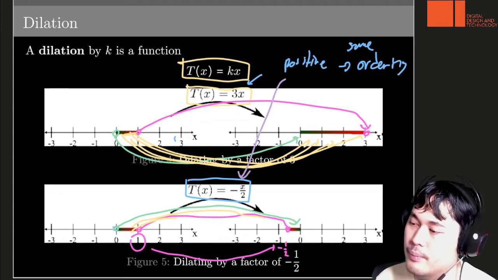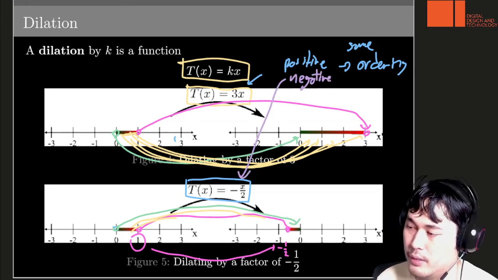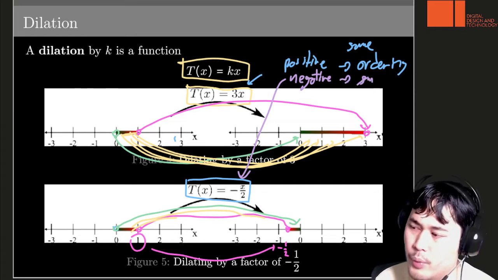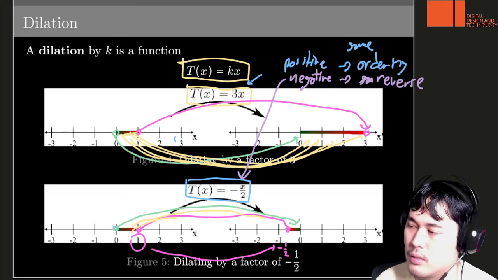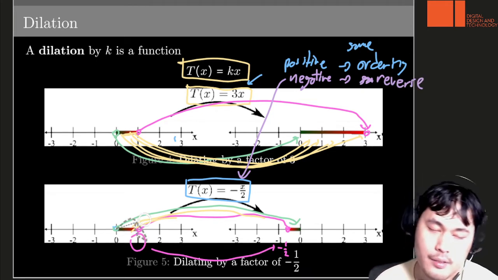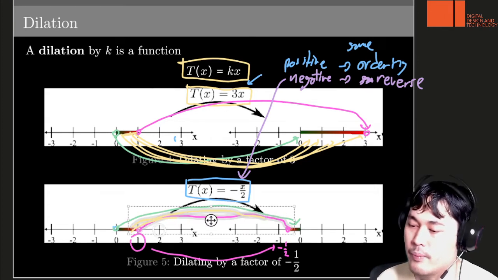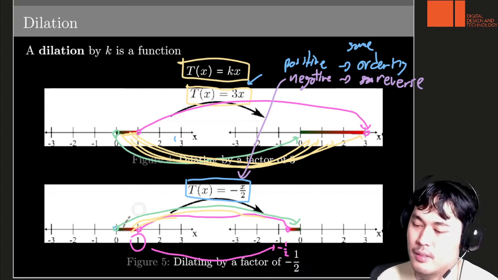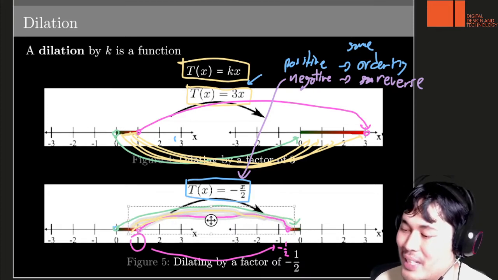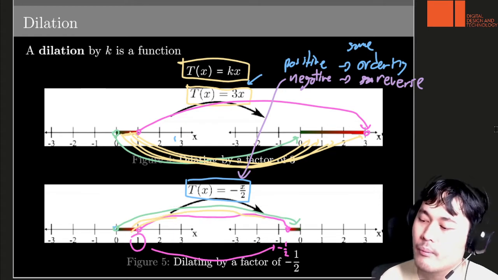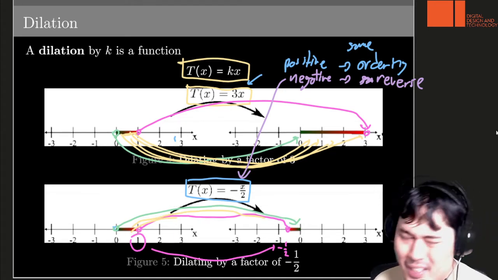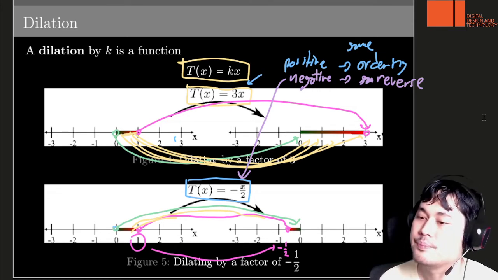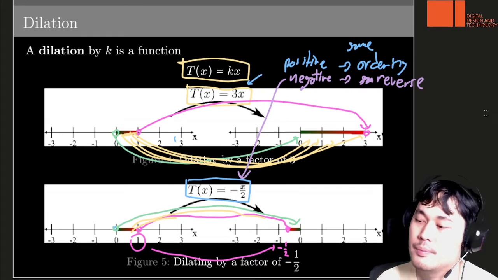But if it's negative, in this case negative 1/2, then the ordering swaps or reverses. So 0 starts on the left, 1 starts on the right. But after the transformation, the endpoint of 1 becomes minus 1/2, which is on the left, and 0 becomes the point on the right. As you can see, maybe it's slightly difficult from the shade of this image. So that's a lesson for you.